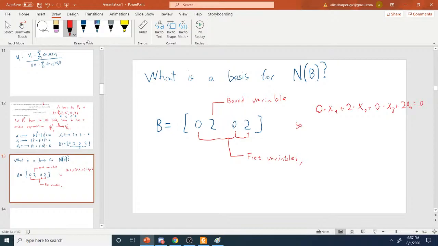And this in turn tells you that x2 is equal to negative x4.